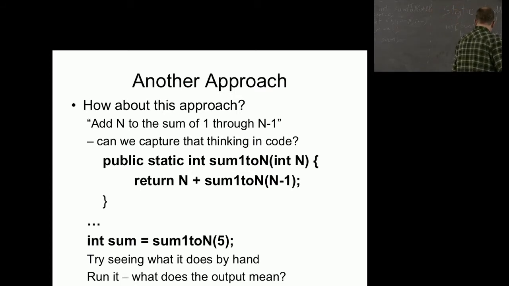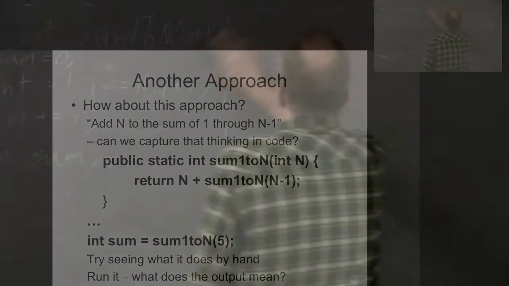We can encode that something like this: int sum 1 to n, take in n, and we return n, the last number, plus the sum of all the previous numbers. Okay? So let's try to see what happens when we run this code. Do a little bit by hand here.